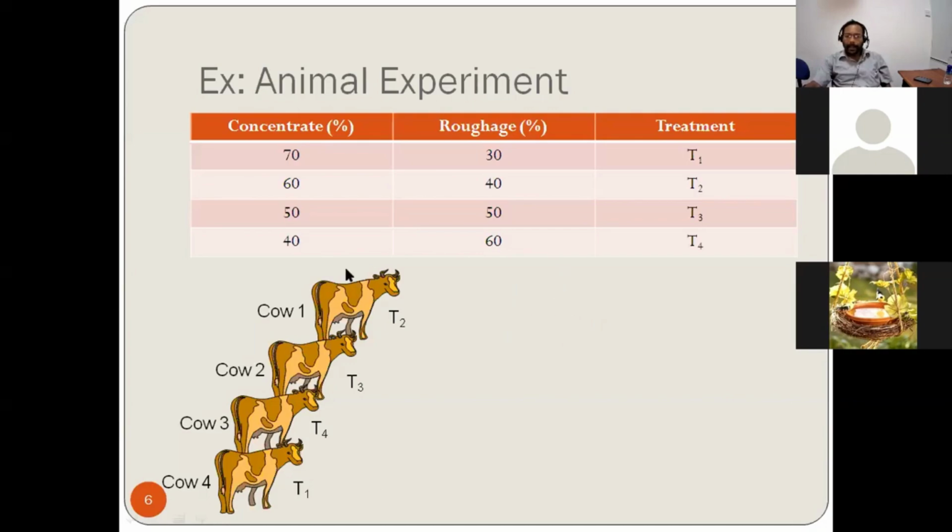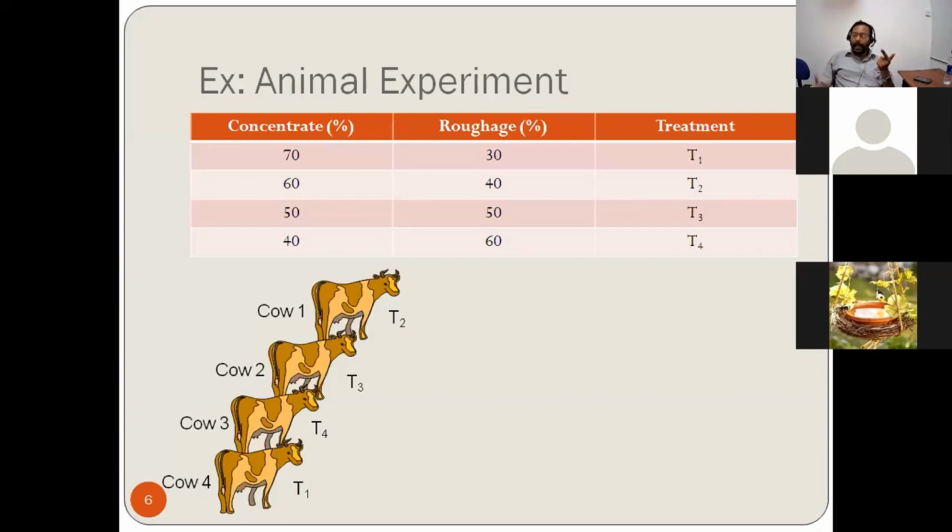Normally, it is not like in animals. In animals, one cow can be a single experimental unit, no problem. Maybe in animal science, one hen or chick can be an experimental unit. But usually in poultry, we will have more than one.